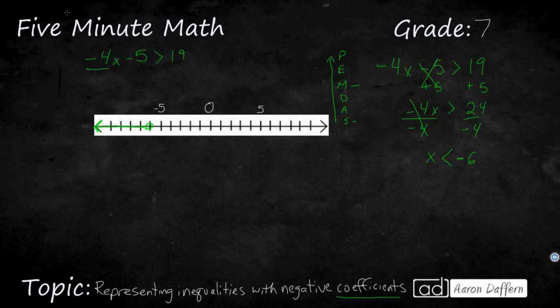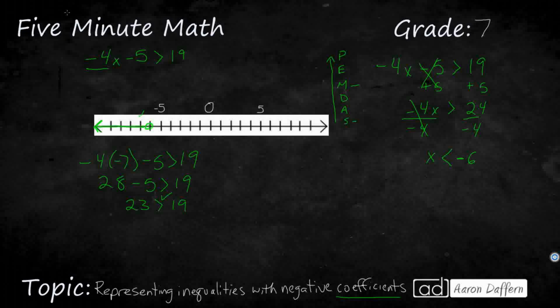So let's use -7, and let's plug that in back here. So -4 times -7 minus 5 greater than 19. So -4 times -7 is 28 minus 5 is greater than 19. So that's 23 is greater than 19. That's true. So this is a true solution here.